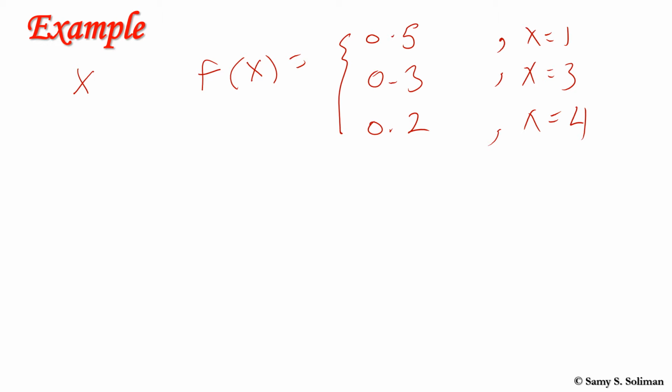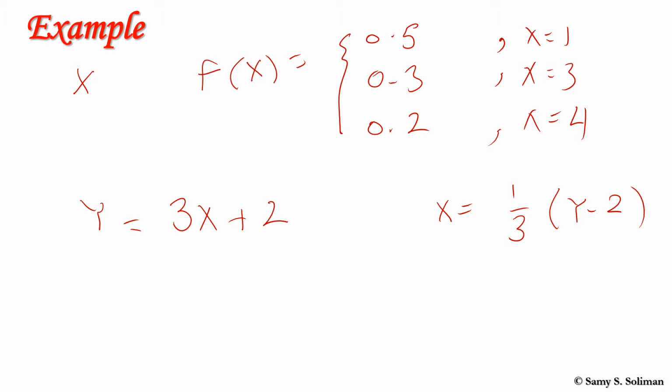Now let's define a random variable y which is equal, for example, to 3x plus 2. Is that a one-to-one relation? Yes, for every value of x there is only one value for y. So we can find an inverse relation. We can find x in terms of y. So that is x equals 1 over 3 times y minus 2.